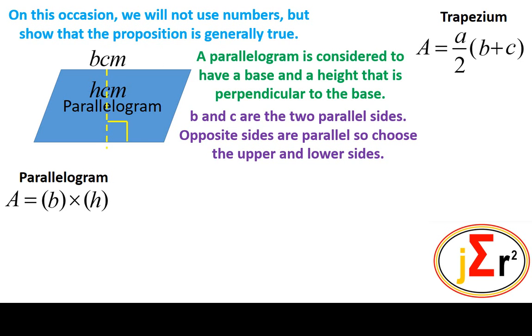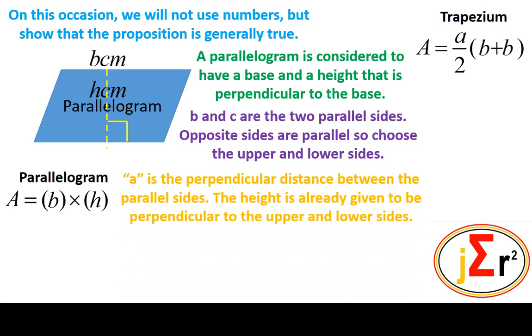That one will be B and the other will also be B, which we intend to be the length of the base of the trapezium, which we intend to be the length of the base of the parallelogram.